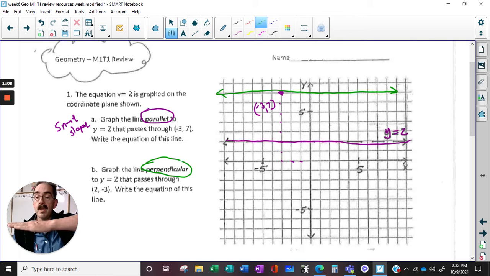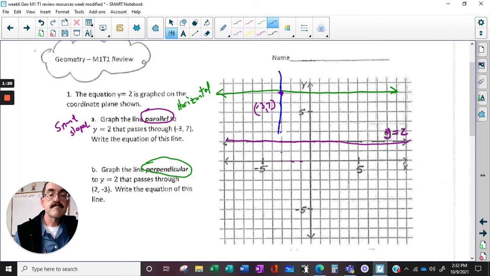Now graph perpendicular. Okay, so if those are vertical and horizontal, this is horizontal. Now perpendicular would be up and down, wouldn't it? And that would be x. Oh, you know what? Did that wrong, didn't we?